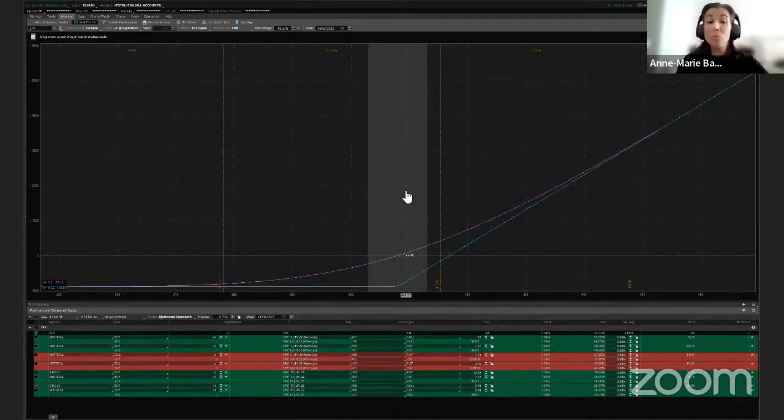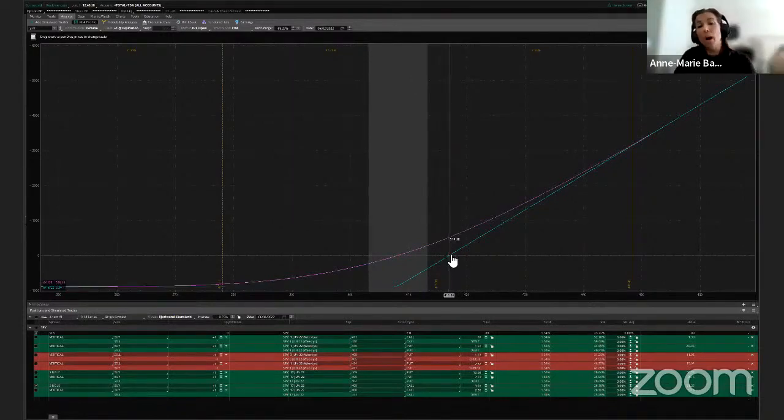Now, here's what we want to talk about. Remember, the pink line shows real time, and the cyan line tells us what happens at expiration, okay? So literally price action has got to be above $417 or so before you make any money whatsoever. Any money whatsoever.